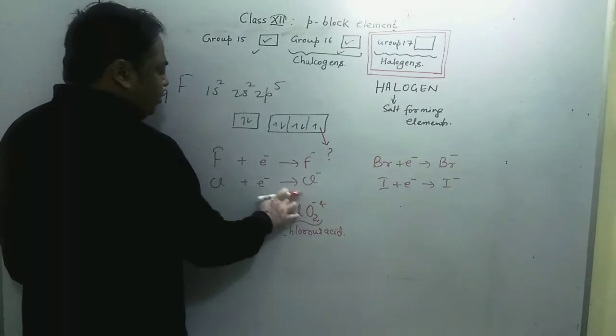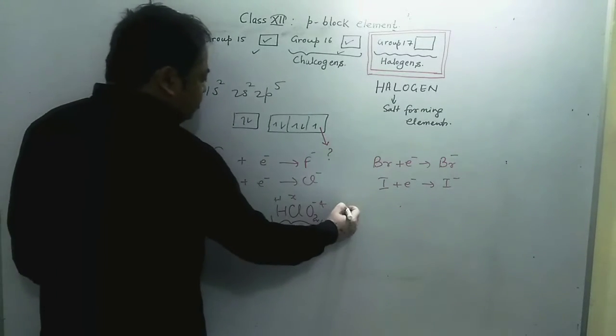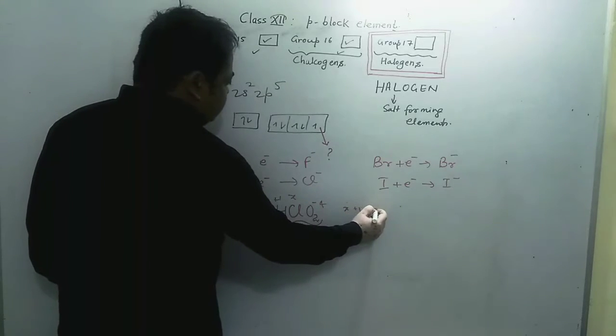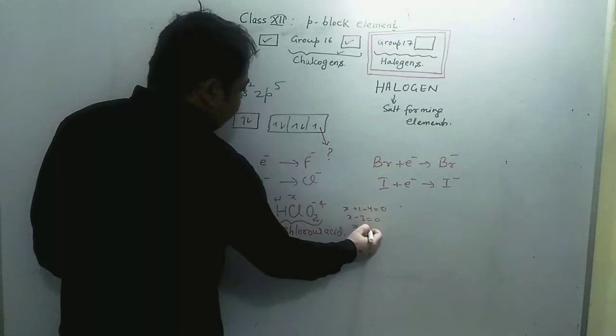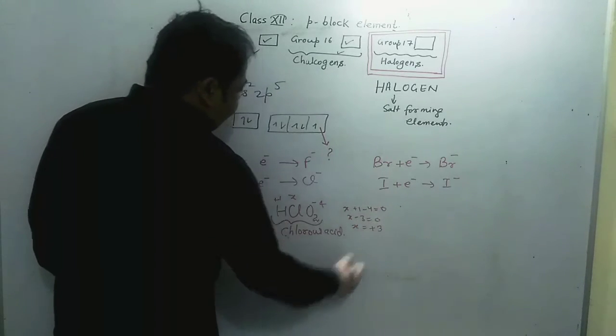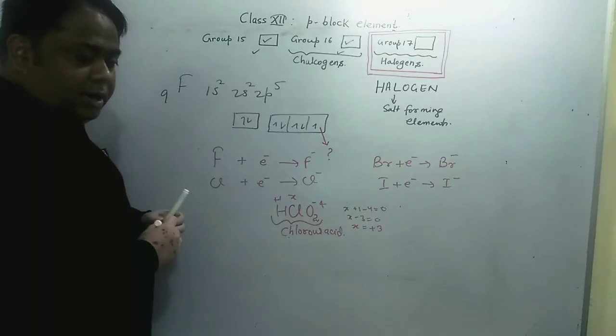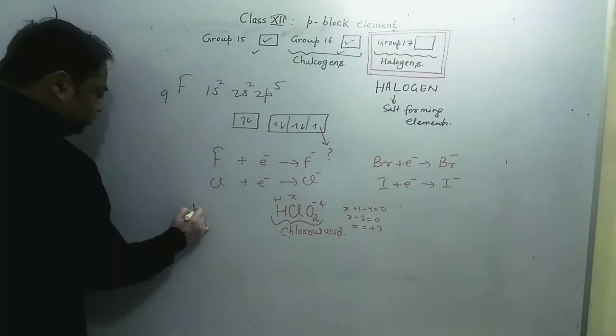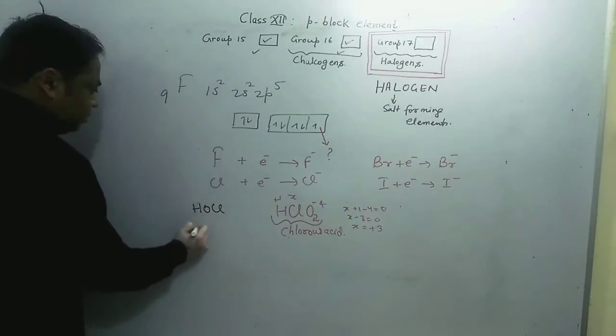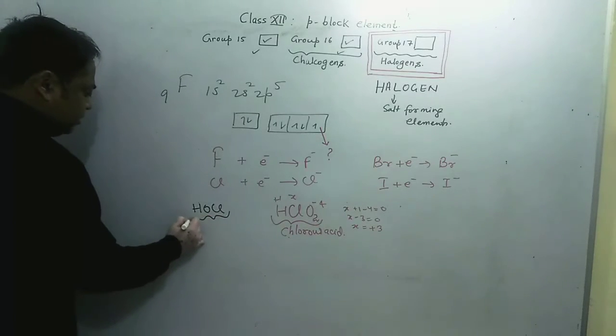So see, it is +3 oxidation state. If you want to calculate, you can take it as x. So x plus 1 minus 4 is equal to 0. So x minus 3 is equal to 0. So x is equal to +3. Similarly, if you take a compound like HOCl, it is hypochlorous acid.